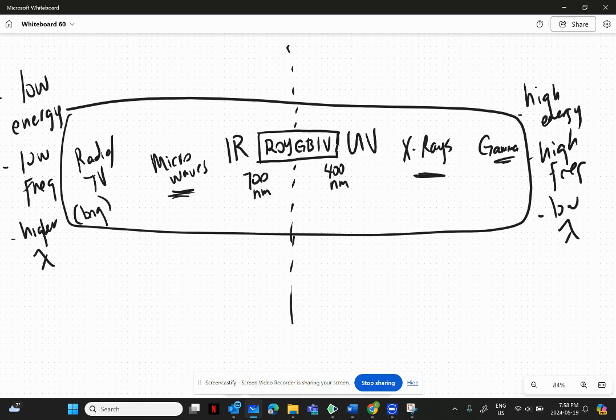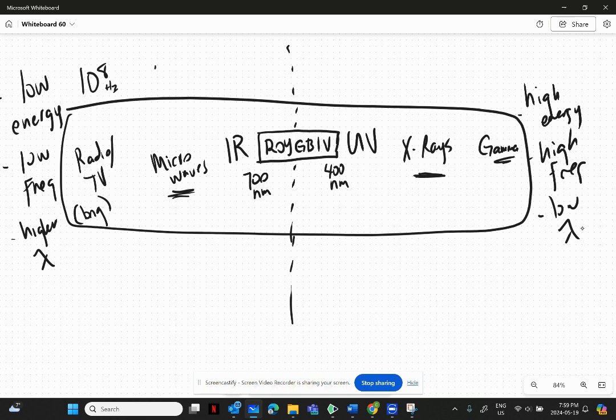Here's the little trick. It's not exact, but it's close enough that it works. We start with 10 to the 8 for the frequency, 10 to the 8 hertz, at radio and TV waves. And each of these types of radiation goes up by 10 to the power of 2.